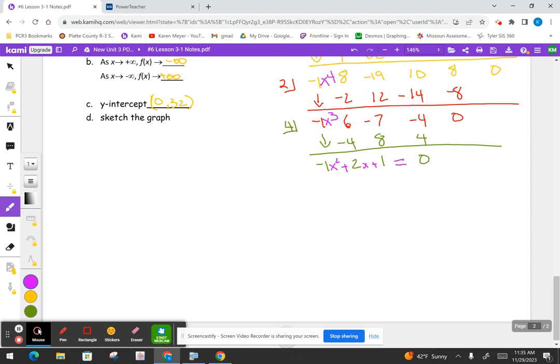So remember the quadratic formula starts out with -b. So that would be -2 plus or minus square root of b squared, so 2 squared minus 4 times a times c, all over 2 times a.